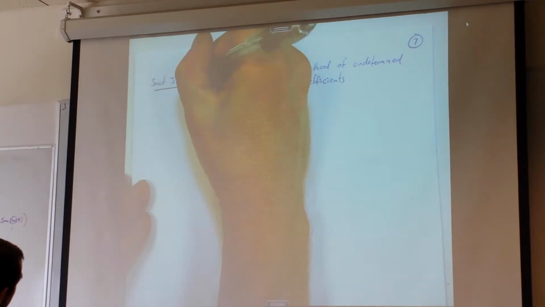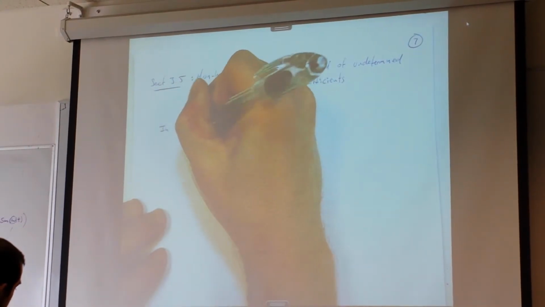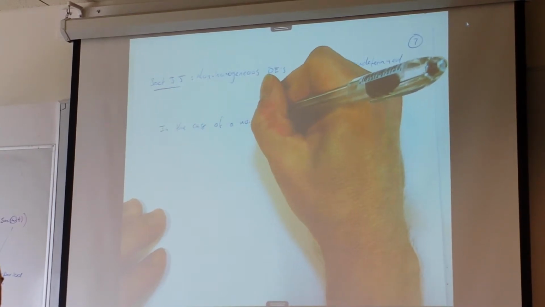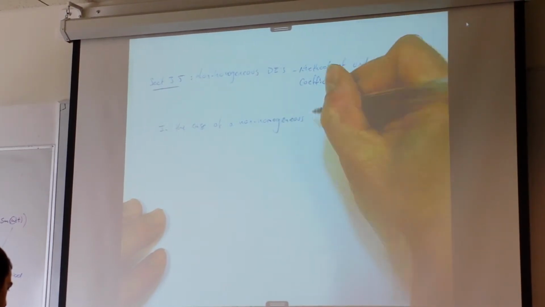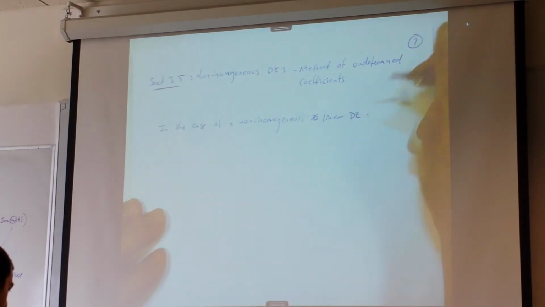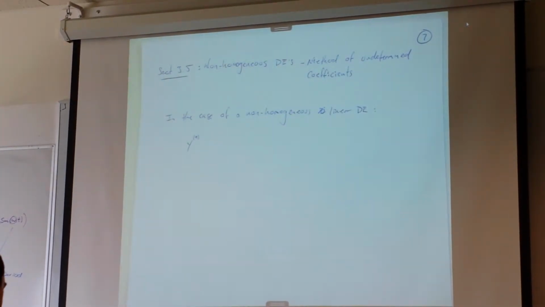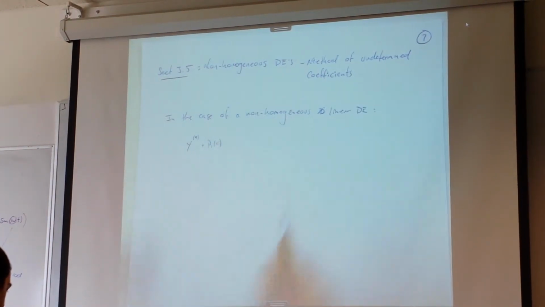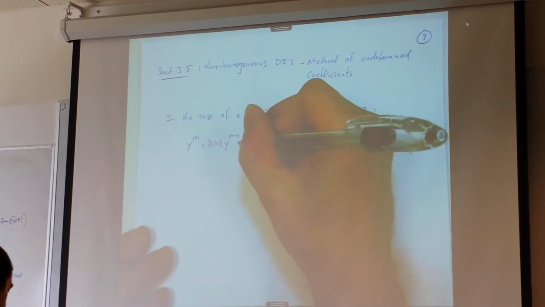So, in the case of a non-homogeneous linear differential equation, this is the form: the nth derivative, so it's an nth order equation, plus these functions, p sub 1 of x times y to the n minus first derivative, plus dot dot dot.